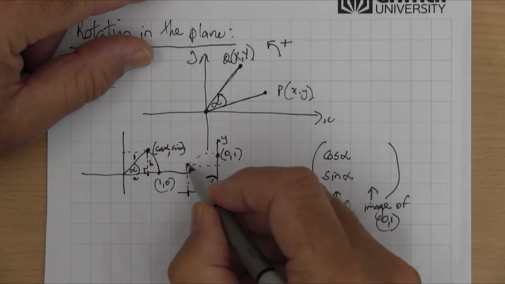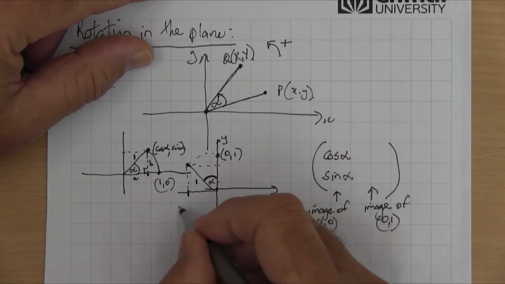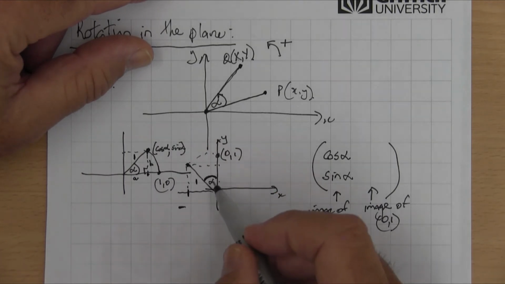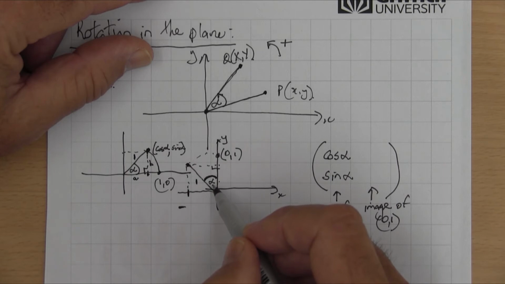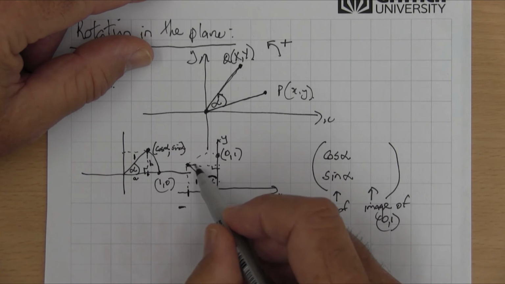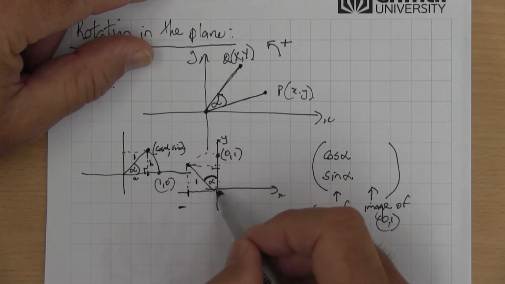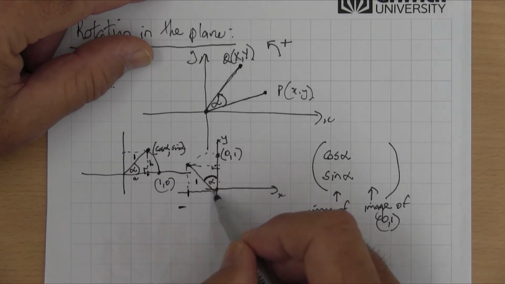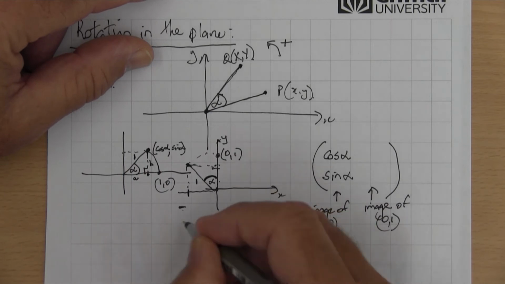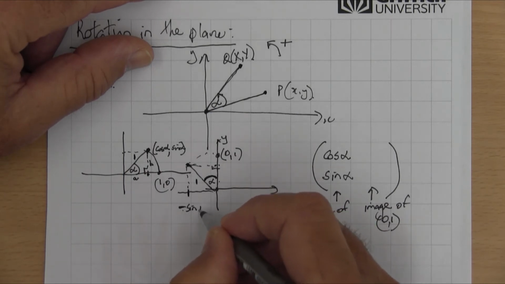So this point here will be a negative, and using this diagram here, the sine of alpha is equal to this distance over 1. So therefore that distance there is just equal to sine alpha, but because it is out this way, it is going to be negative. So that'll be negative sine alpha.